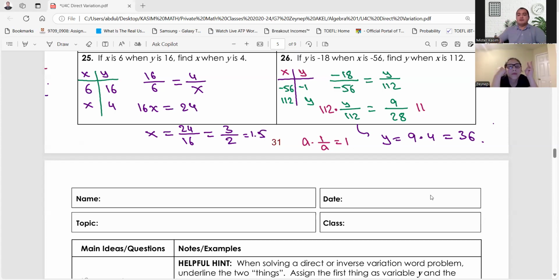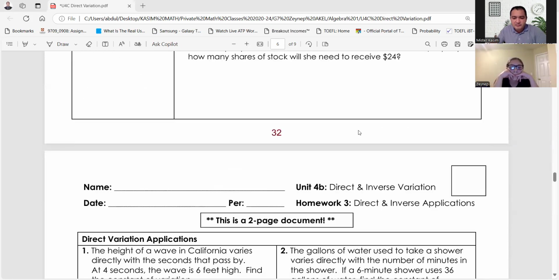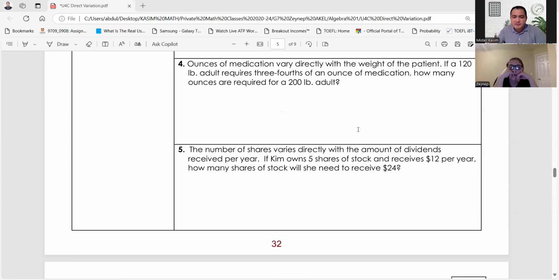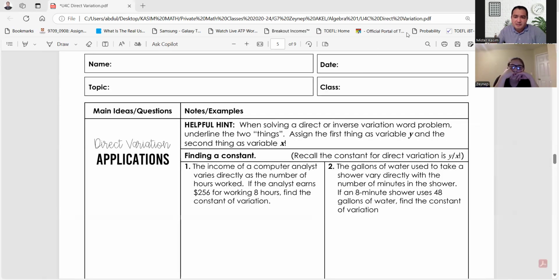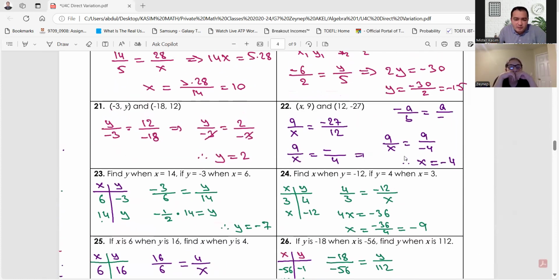Okay, Zainab. Now we have one page left or two pages, some word problems. I also want to give you some idea about this direct variation application. Then after that, we'll talk about your question. All right, so now we have done all these questions.